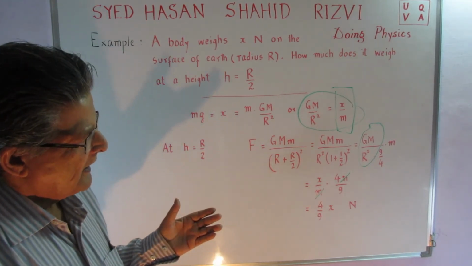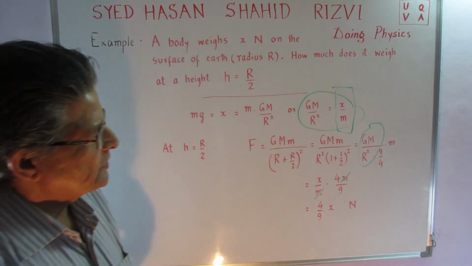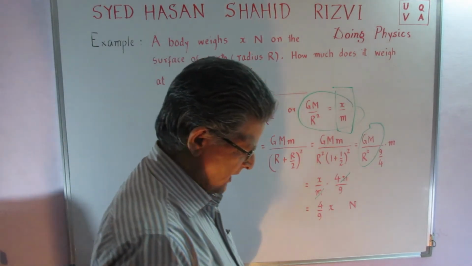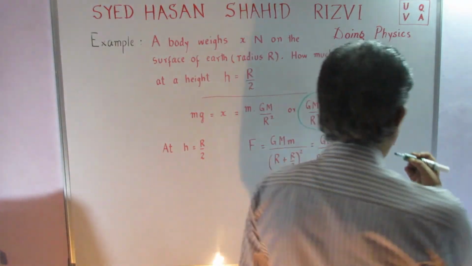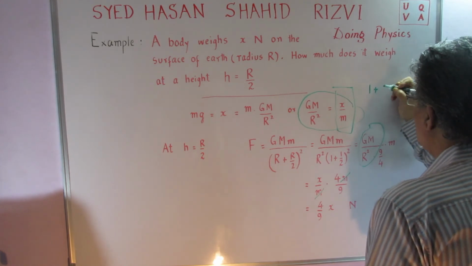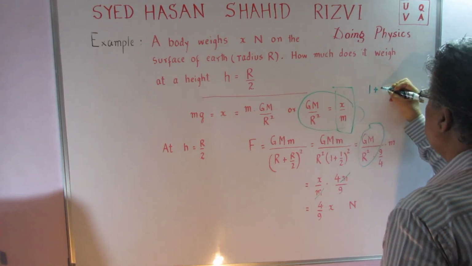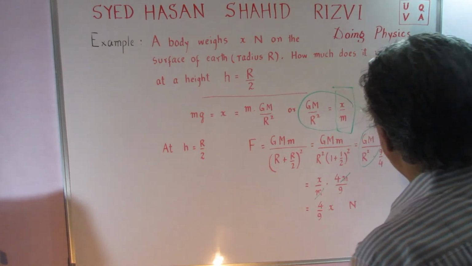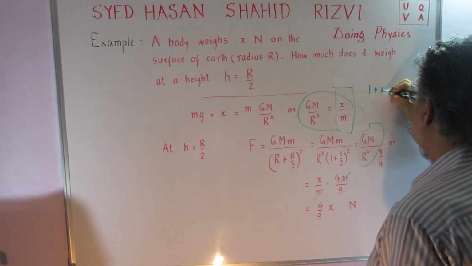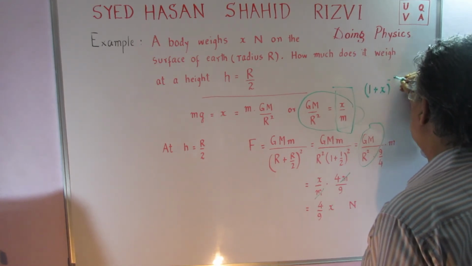So if we have something like a binomial expression, 1 plus, say, x raised to the power of, say, minus 2.